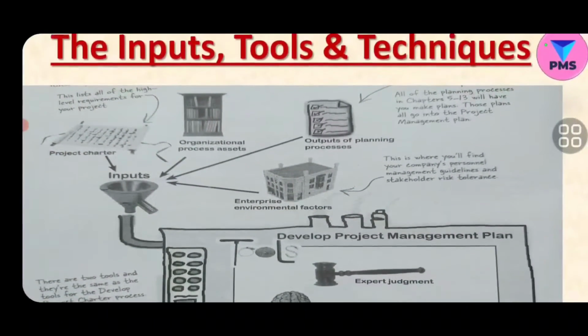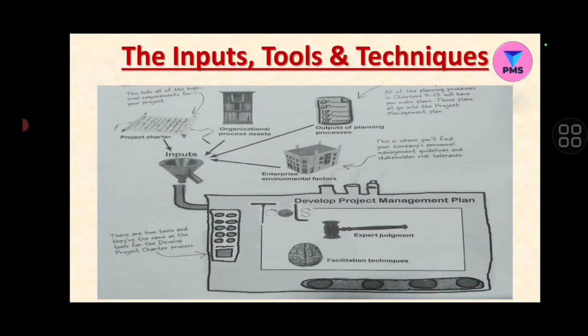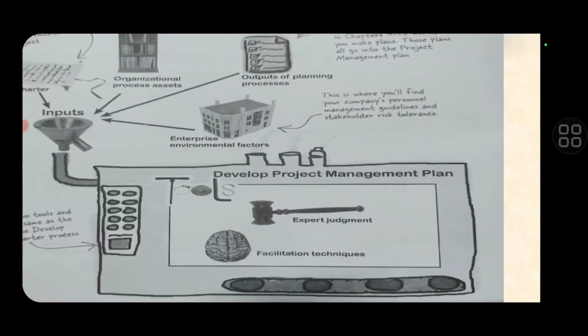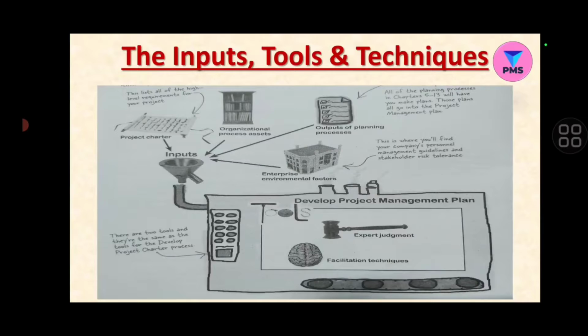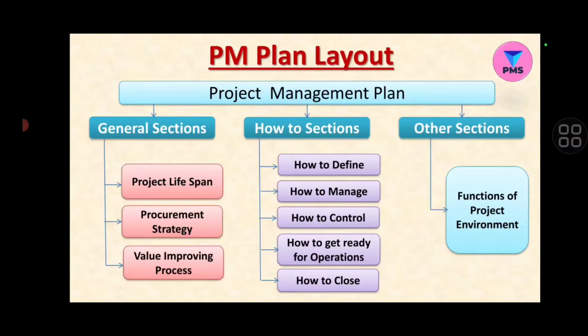When all this comes in as input, then come your expert judgment as a tool, how good you are at making it, and also the facilitation techniques, such as brainstorming and other techniques. It is the group work of many people, the entire project team. So these are the inputs and the tools and techniques you require to develop a project management plan. Next, how does it look?